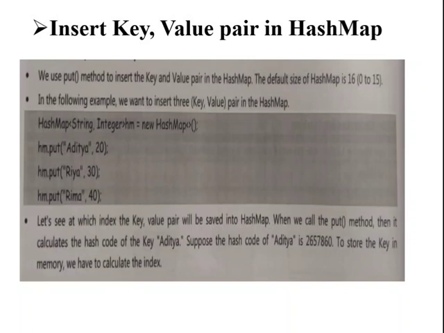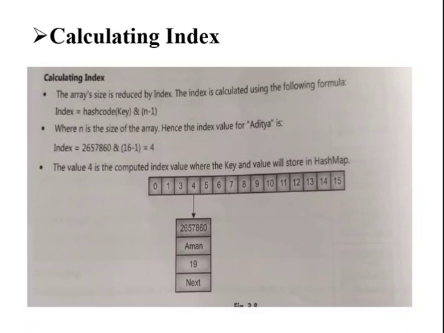The value 4 is the computed index value where the key and the value will be stored in the HashMap. That is, at 4 we get the value 2657860 Aditya 20 next. This is all about how we can calculate the index in a HashMap.